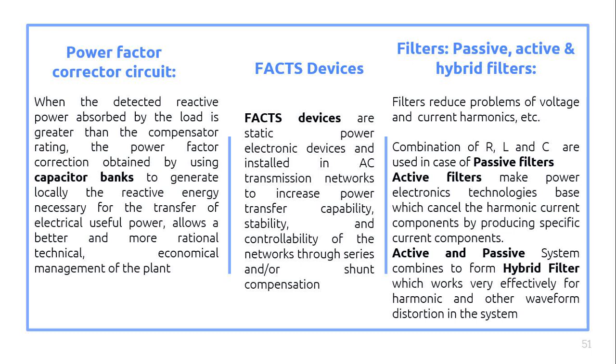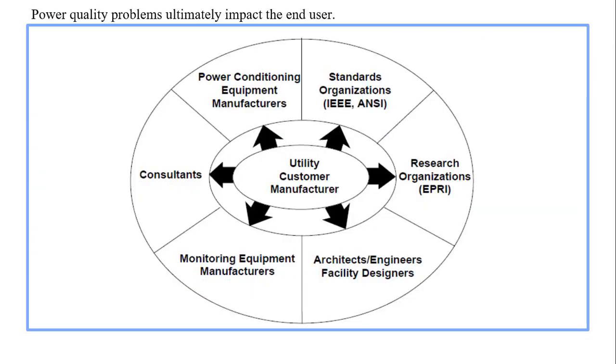Now, power quality problems ultimately impact the end user or consumer. So all utilities, consumers and manufacturers have to deal with all these constraints. They have to deal with engineers, facility designers, monitoring equipment manufacturers, consultants, power quality equipment, standards and research organizations.